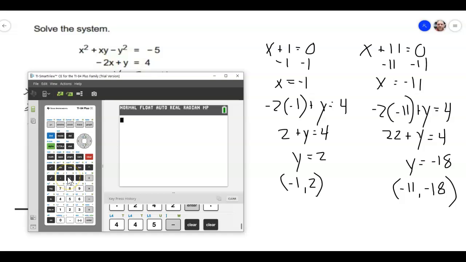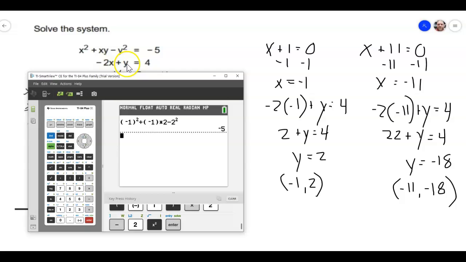And don't forget to put the parentheses in there when we do a negative value squared. So this should be negative 1 squared, plus x times y, so negative 1 times 2, minus the other one, which is just going to be 2 squared. And negative 5. Good. So that one worked.